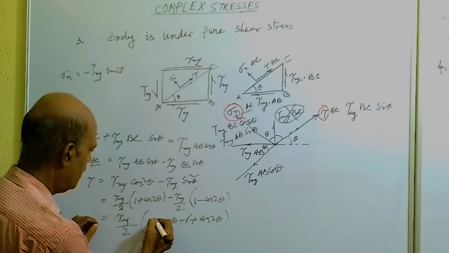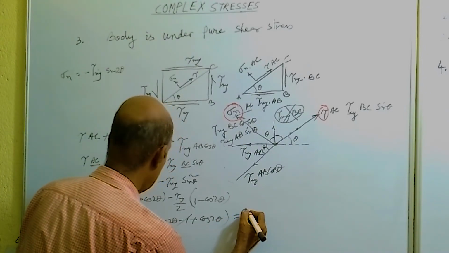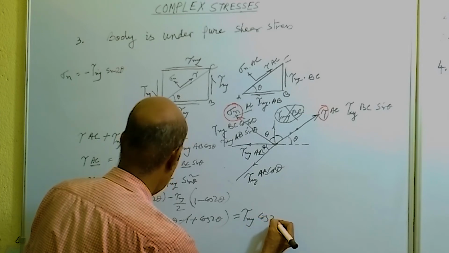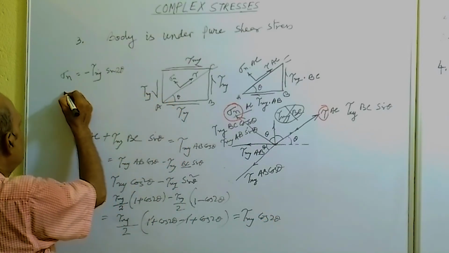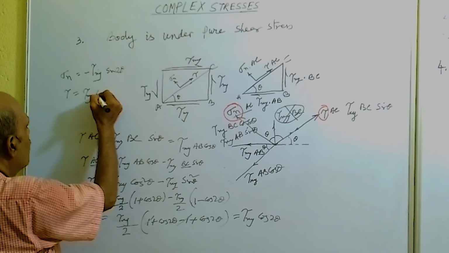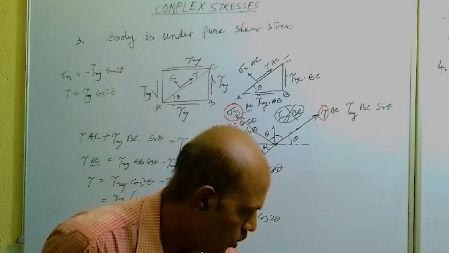So that will be 2 cos 2 theta, 2 will cancel out, so it will be tau xy into cos 2 theta. That means we have got tau is equal to tau xy cos 2 theta. So this is the result.